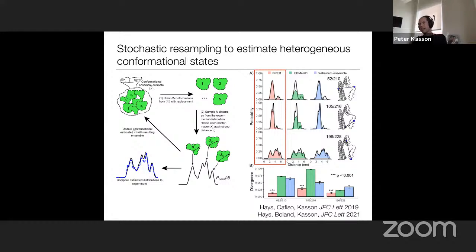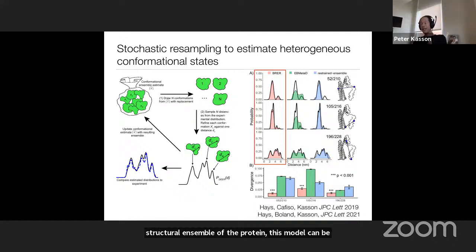One of the challenges is just refining this in a stable manner when the data are relatively heterogeneous, that many of the prior approaches work well when you have probability distributions that are continuous or near Gaussian. And so we developed an approach that is very similar to stochastic image formation, that essentially takes an initial model of the structural ensemble of the protein.